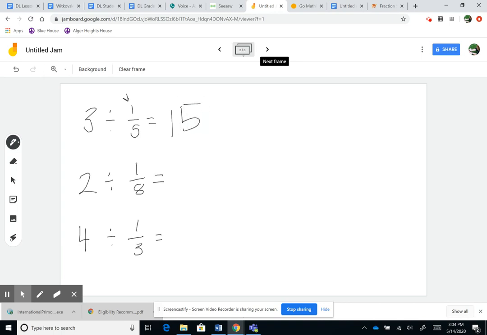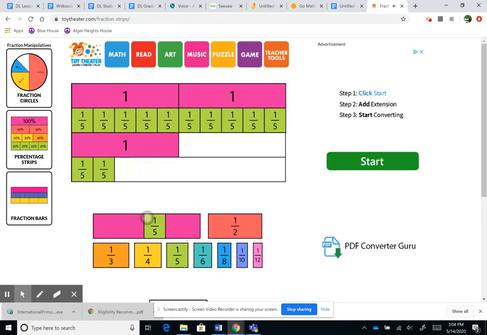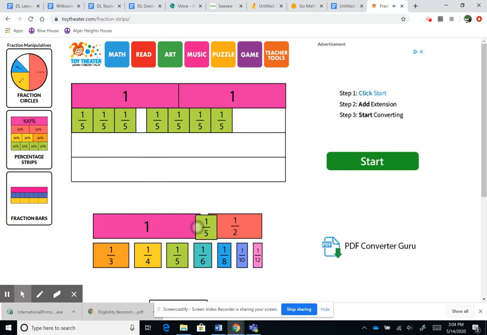Let's look at 2 divided by 1/8. We're going to take 2 wholes and divide them into eighths, and we want to know how many eighth pieces there are. So let me clear this. We want 2 divided by eighths. Again, I'm going to fill in 1, and then we're going to use some multiplication to help us with this division problem.